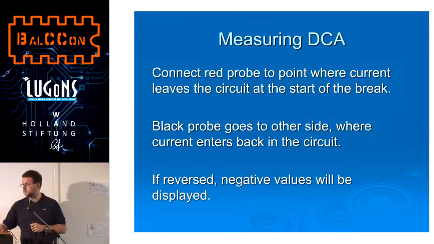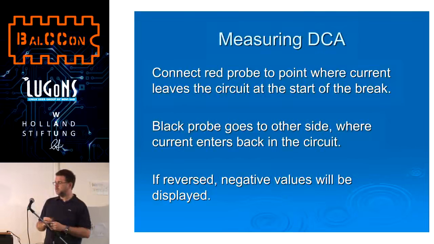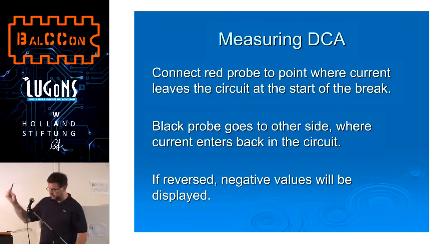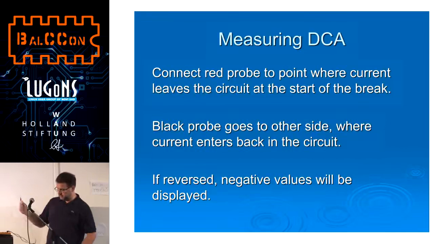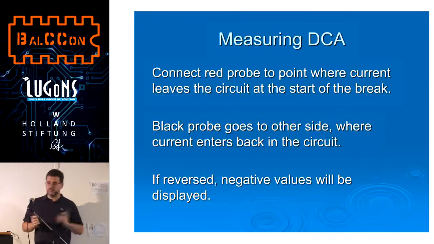To get a positive readout, you have to put the red probe to the positive source of current, and the black probe where it goes. So current must go into red and exit through black, otherwise you'll get a negative readout. That's okay also.